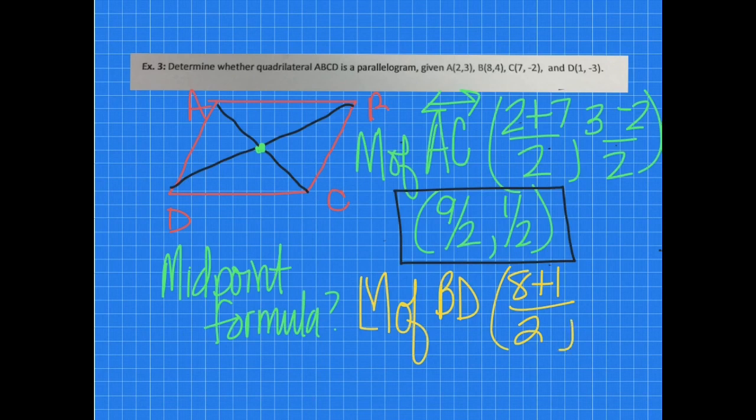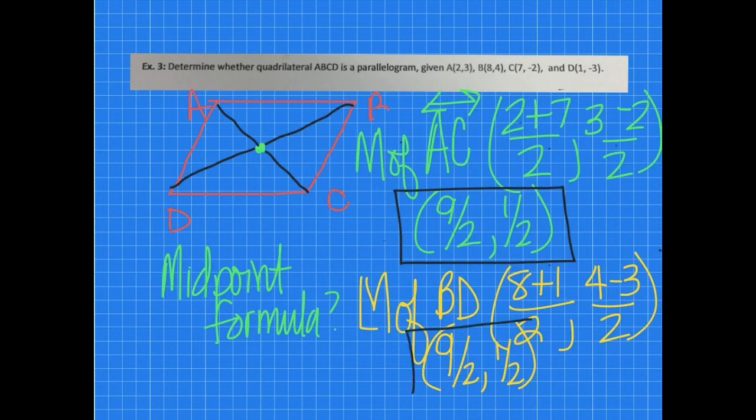That's looking good. And (4 − 3)/2. That's also looking really good. So the midpoint of BD actually takes place at the ordered pair 9/2, 1/2, which just happens to be the same. So this is, in fact, a parallelogram.